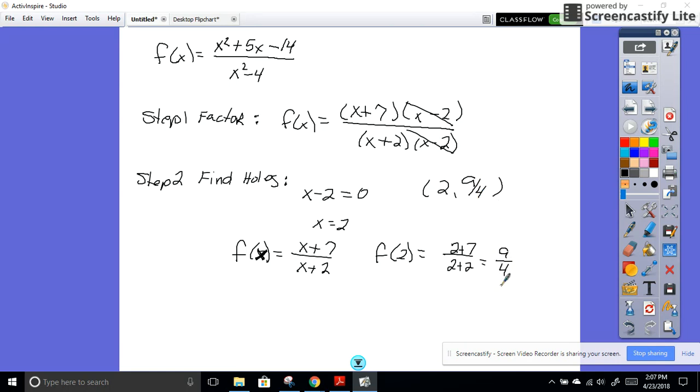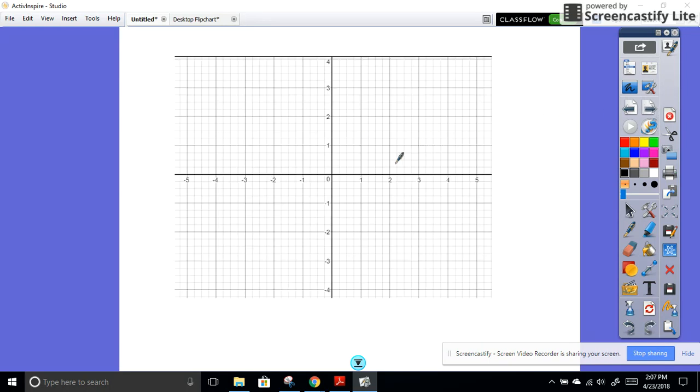The decimal value of 9 over 4 is 2.25. So it's going to be 2 and 2.25. When I go over here, at 2 and 2.25, which is right there, I have a hole. That's what I know about my graph so far.